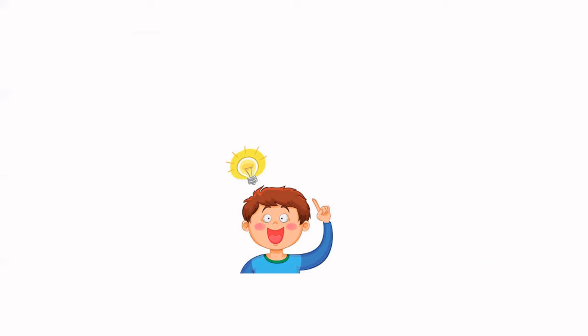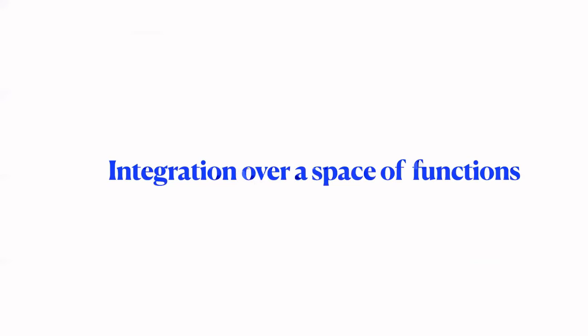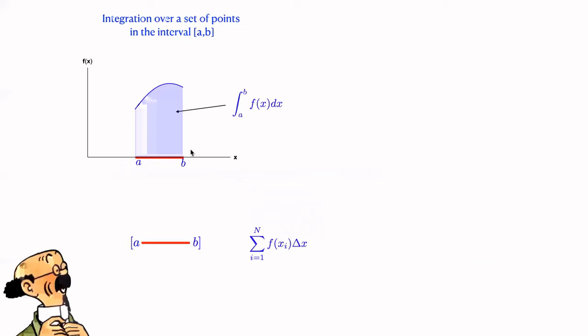So let me summarize what I have been doing. What is the idea of this whole thing that I'm talking about? The whole idea is that you have integration over a space of functions, which is different from your usual ideas of integration. In the usual integral that you encounter, let us say I have the integral from a to b of f of x dx, you are actually integrating the function f of x, which is plotted here.